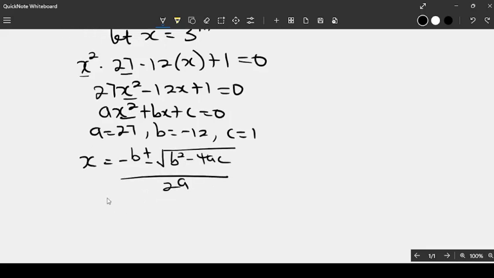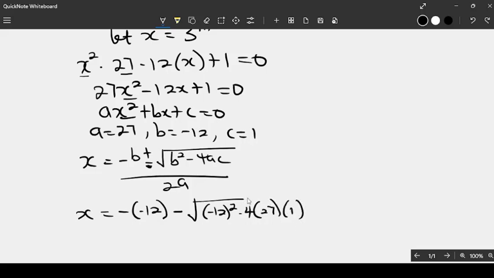For x, we are taking the negative side first. So we are going to have x equals to negative b, and our b is negative 12, so minus negative 12, plus or minus root of negative 12 squared minus 4, a is 27, and c is 1, all on 2a, and a is 27.